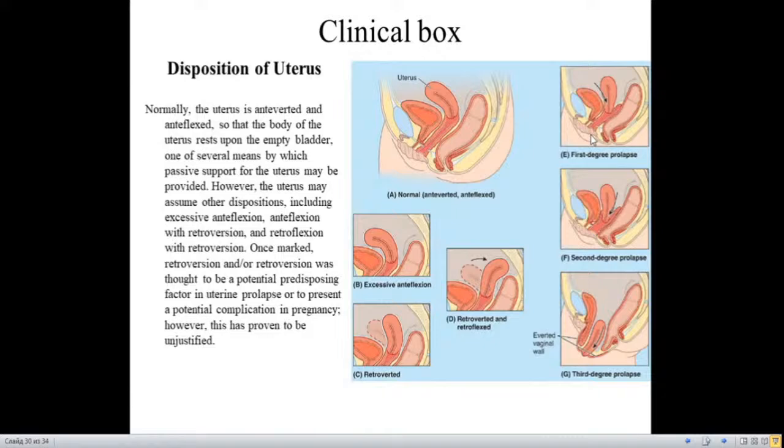Some more things related to clinical significance of this topic.